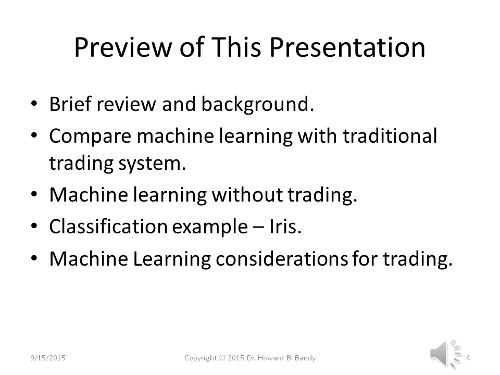Some of the key points in today's presentation are first a brief review and background, and we'll go over that pretty quickly. We'll compare machine learning with traditional trading system development. We'll do a little on machine learning without trading, a classification example using the IRIS database, and then a short discussion of considerations for machine learning for trading.